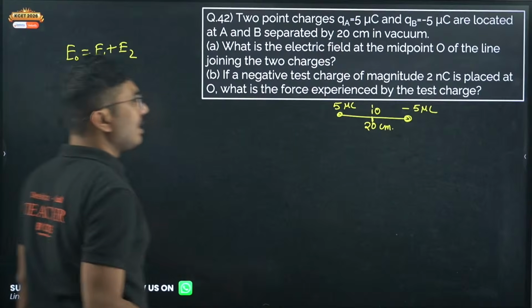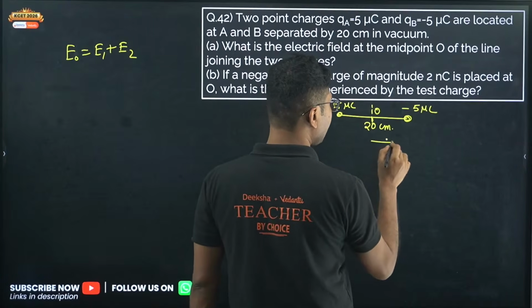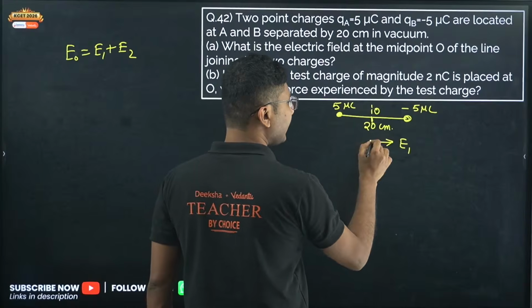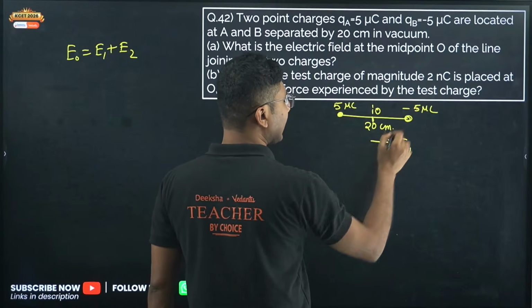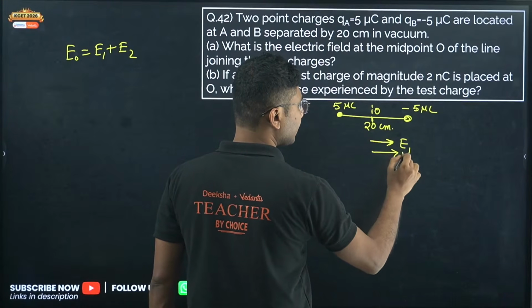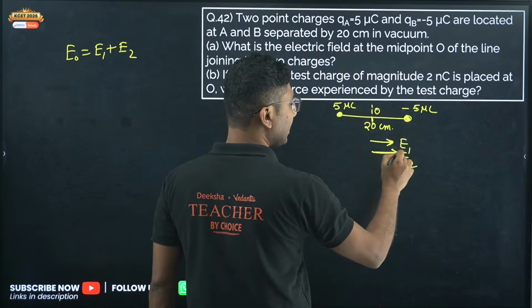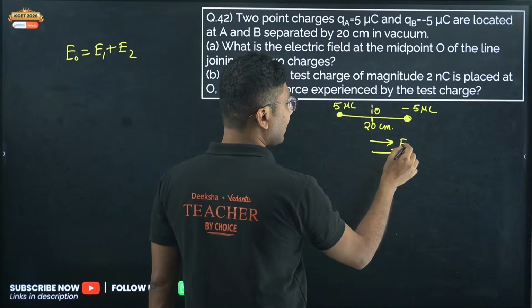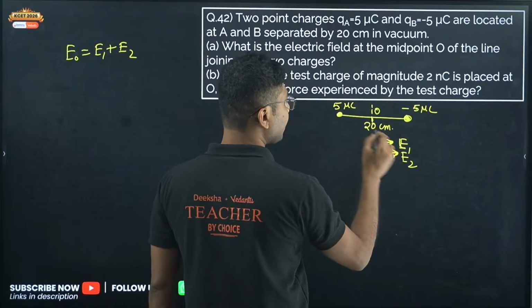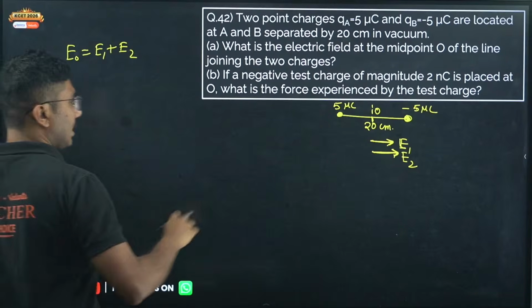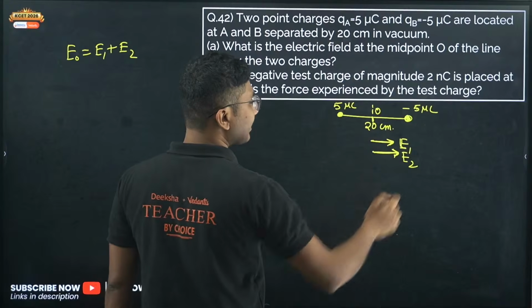What is E1? E1 is the electric field due to this charge, and due to a positive charge electric field is away. Due to a negative charge electric field is towards. This is the negative charge, so E2 will be towards this minus 5, and E1 is due to positive charge, so it will be away from the positive charge. And you can see that both of them are in the same direction.